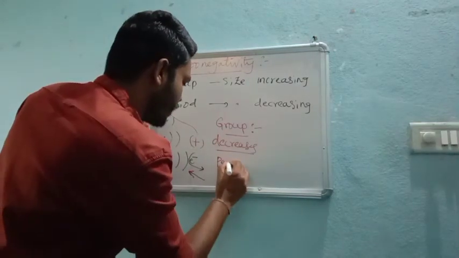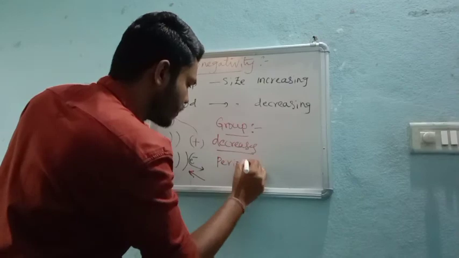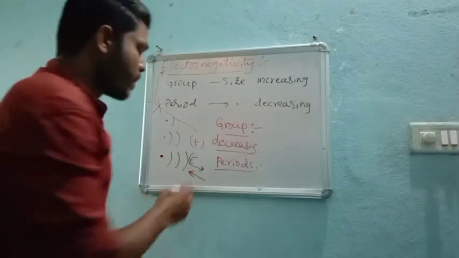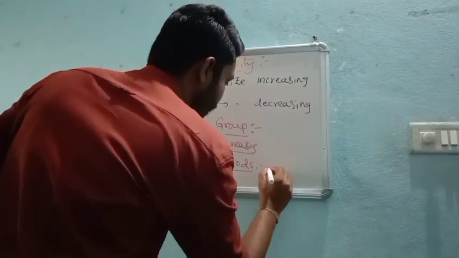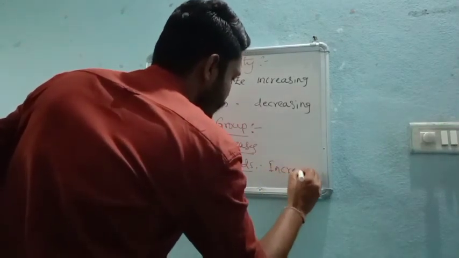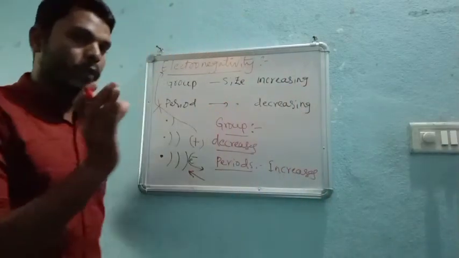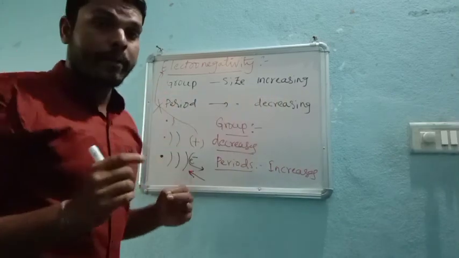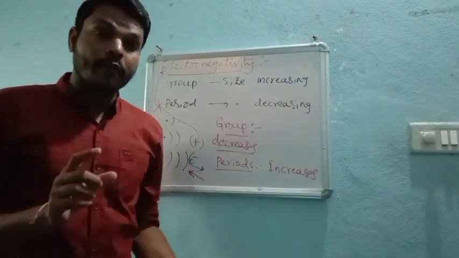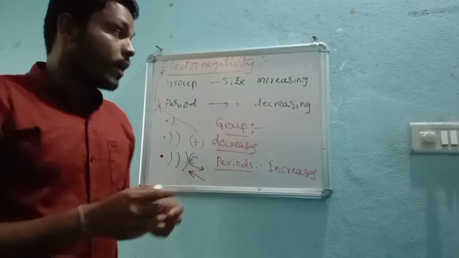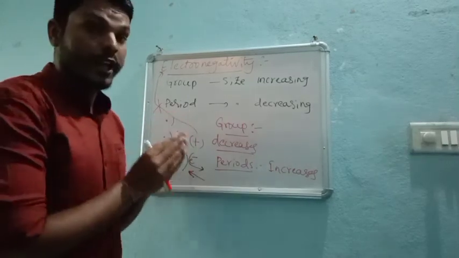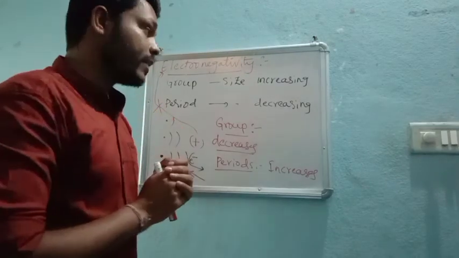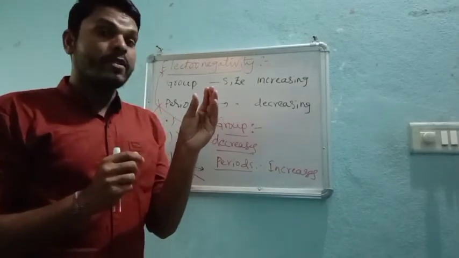Now coming to the period, which will be the opposite of this. In periods, the electronegativity character increases. Why? Because while moving from left to right, it is very difficult to remove the electron. Because in a period atomic size decreases. Due to the decrease in atomic size, the shell size will decrease.